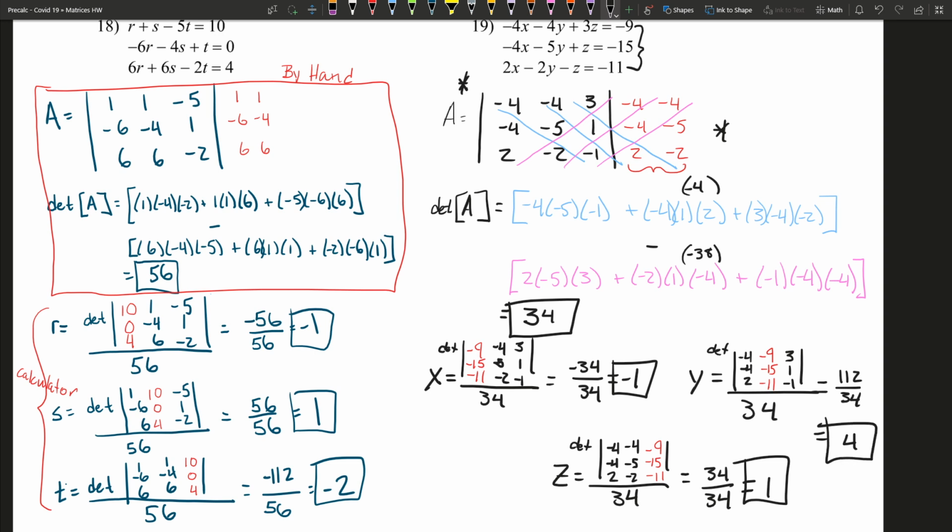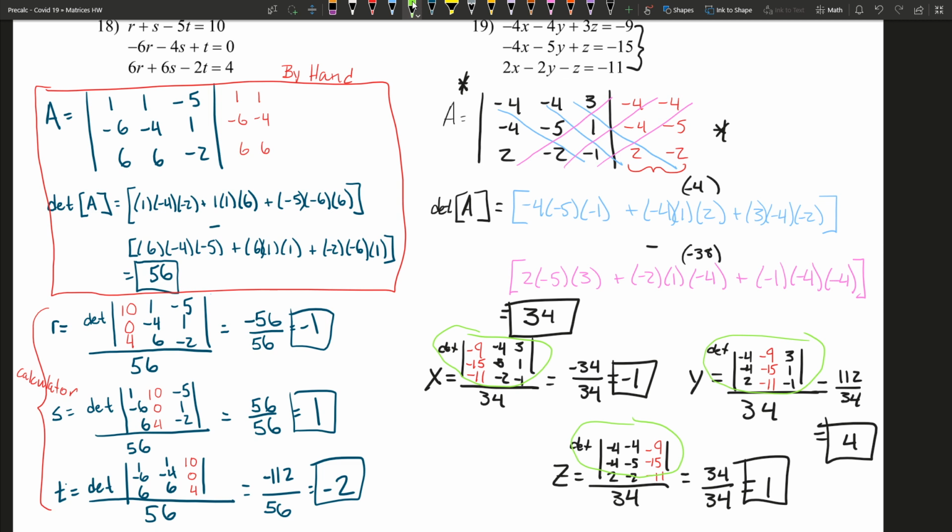Okay, so you can go into a calculator and find these parts circled in green without having to find each determinant by hand.